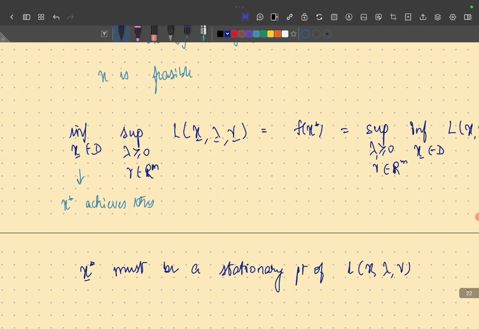It's not sufficient, it's necessary. Purely because x star should be a stationary point for this particular min-max problem.